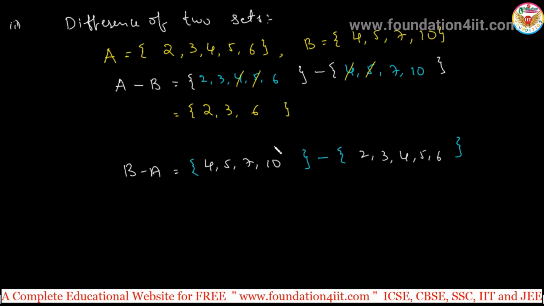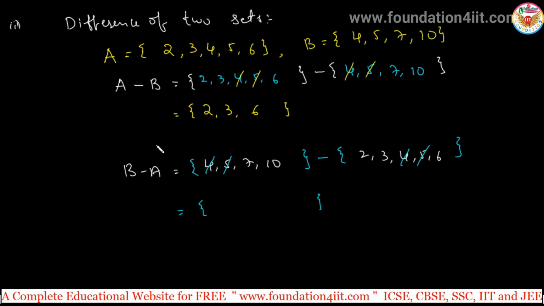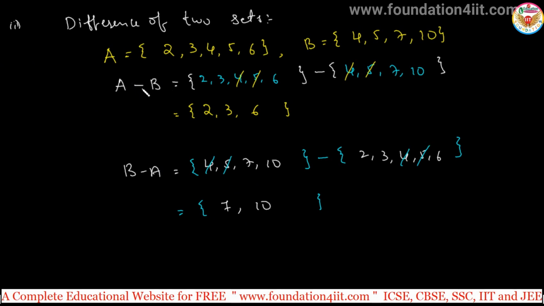In both, only 4 and 5 are common, but we write the remaining only from B, only 7, 10. So this is B minus A, the difference of two sets.